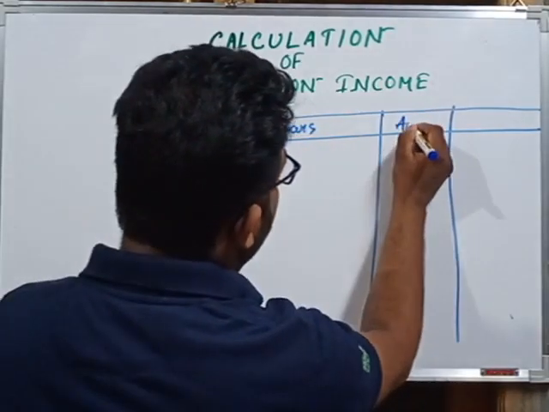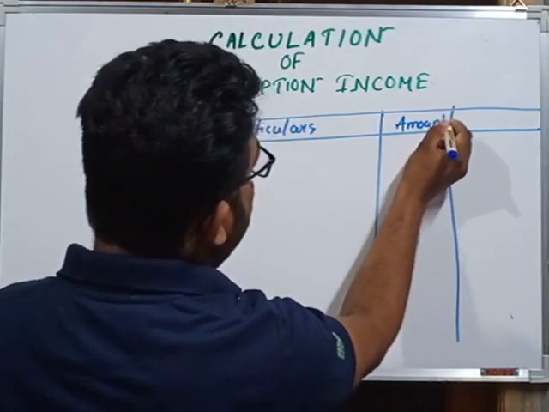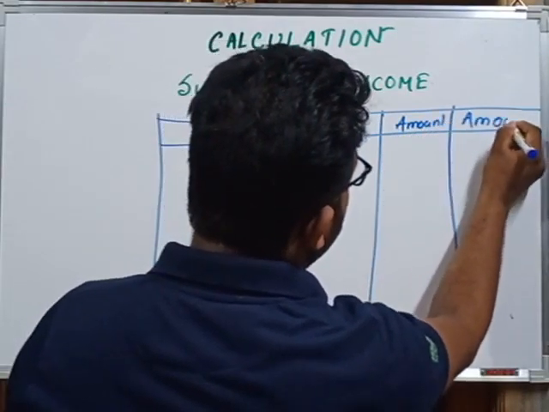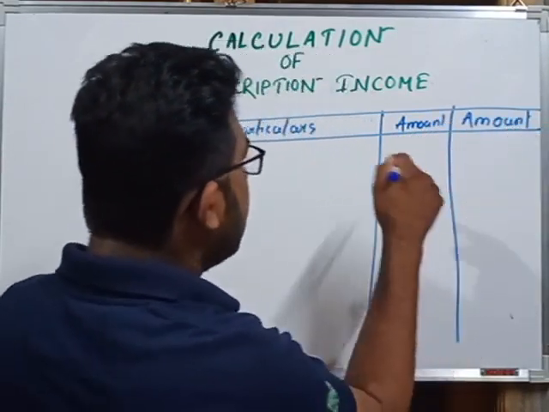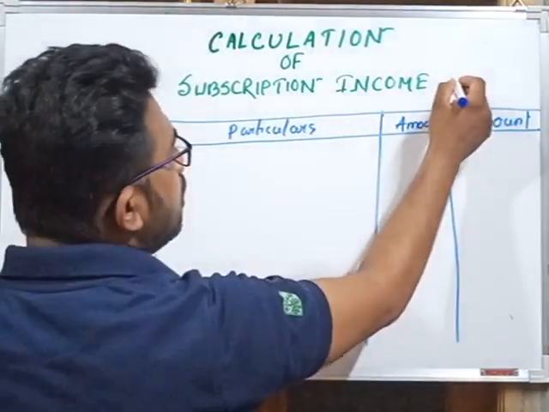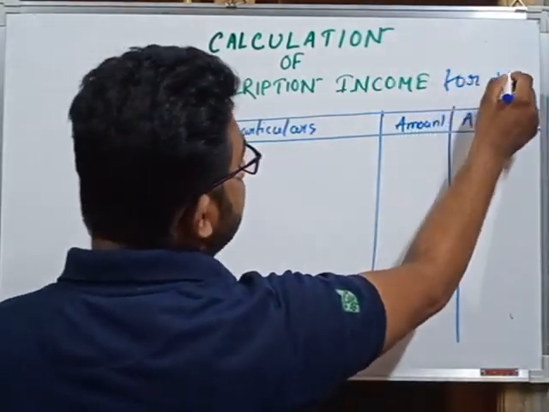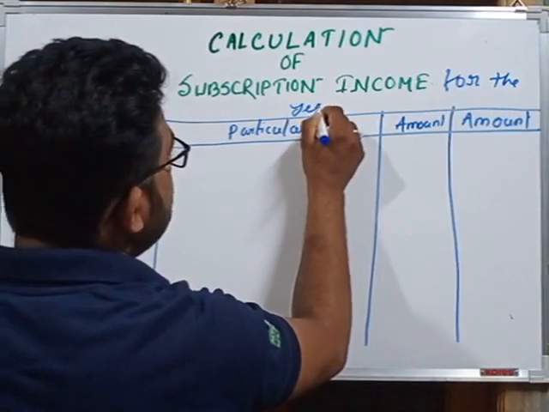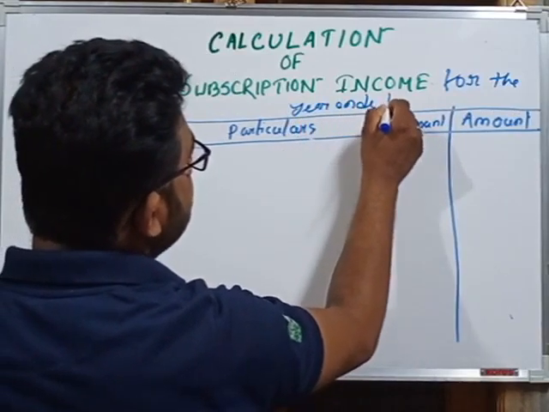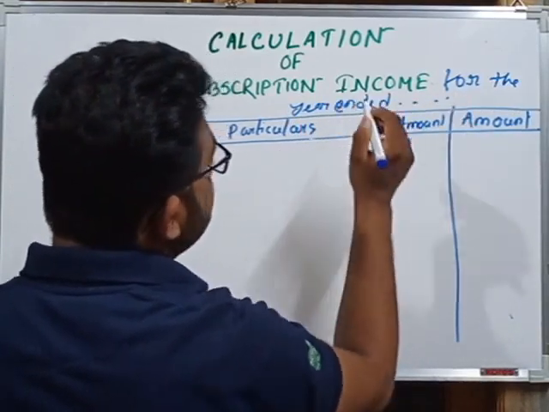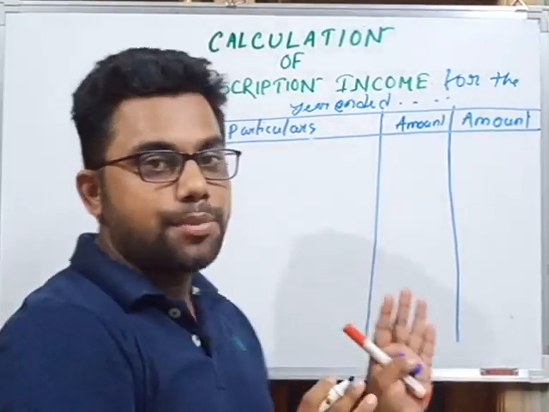Particulars, amount. So this is our format for calculation of subscription income for the year ended dot. Okay, so this is the format for calculation of subscription income.